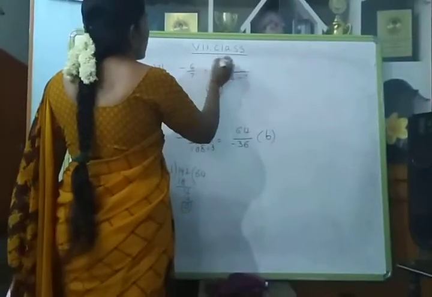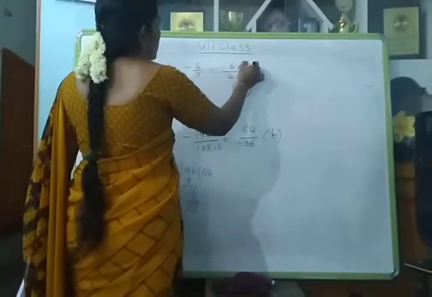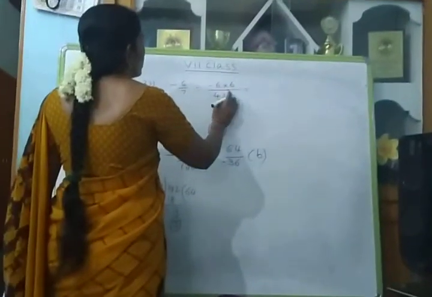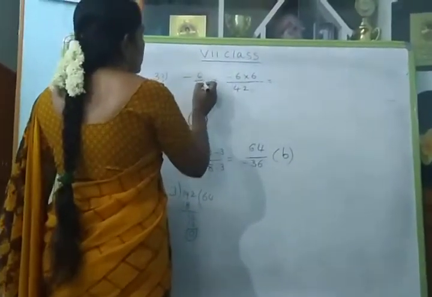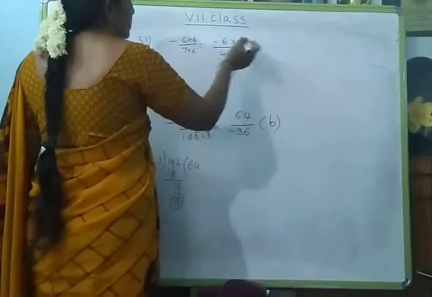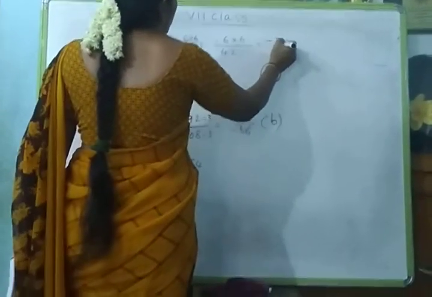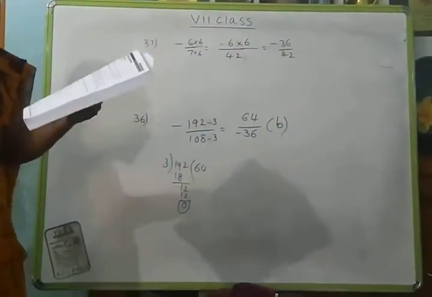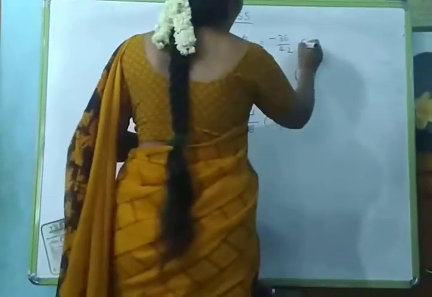So here you have to multiply with 6. If you multiply here, 7 6s are 42. So you also multiply here with 6: 36. -36/42. Which option is correct? Option B.